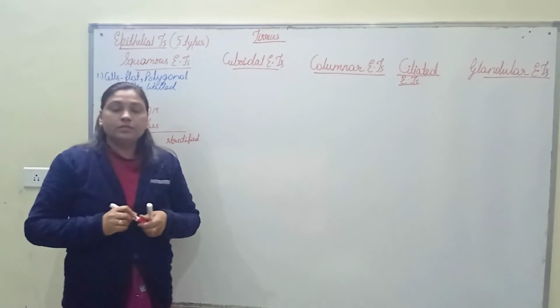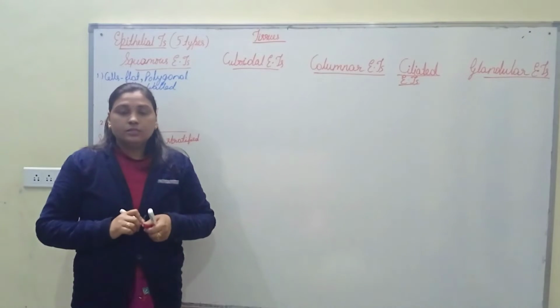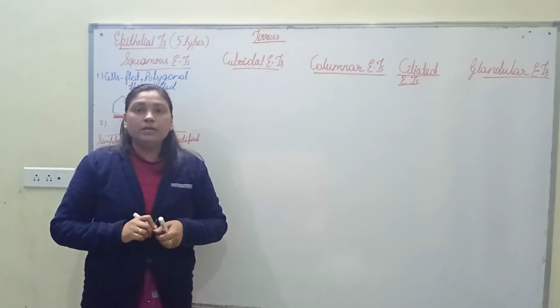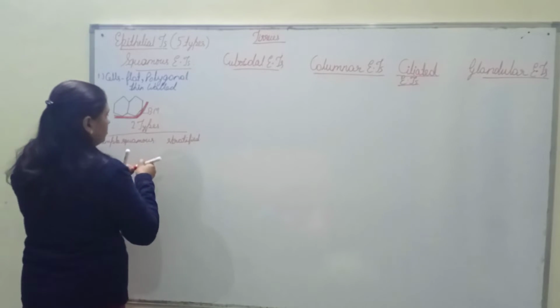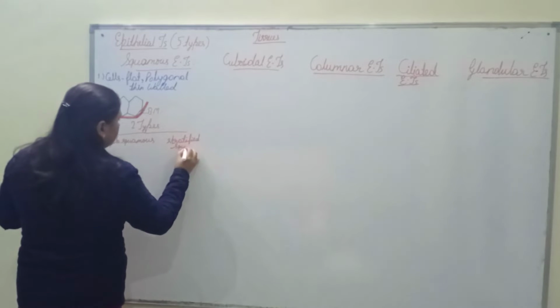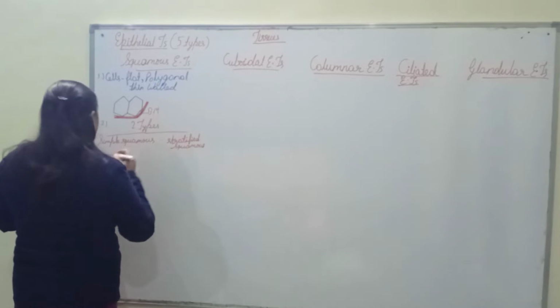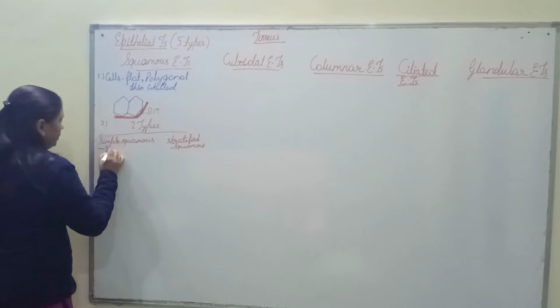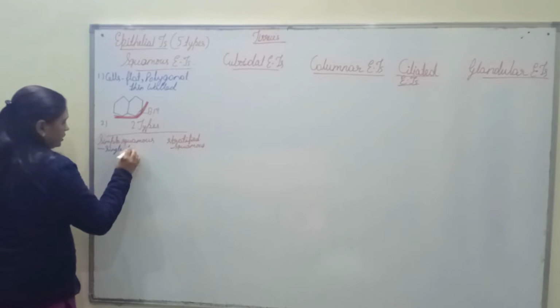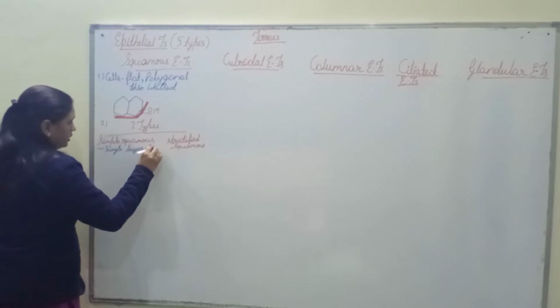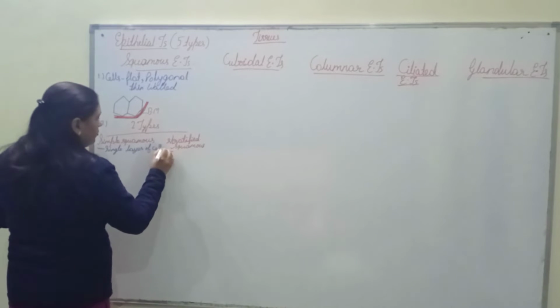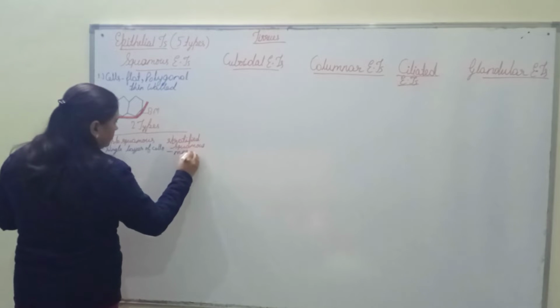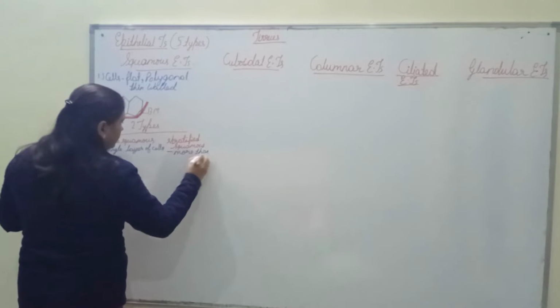If a single layer of cells is found, it is called simple squamous, while more than one layer or multi-layered cells are called stratified squamous. In simple squamous, there is a single layer of cells, while in stratified, there is more than one layer.